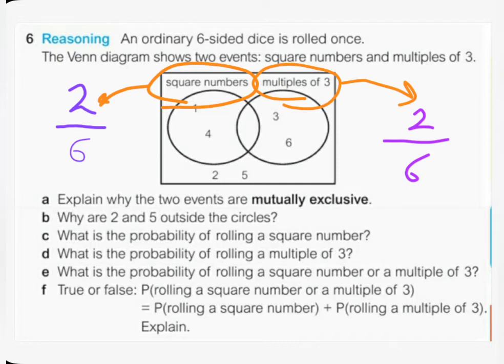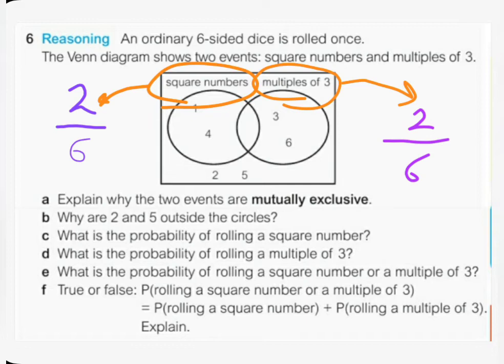Now, the next question says, what is the probability of rolling a square number or a multiple of 3? Not at the same time, he means adding the probabilities together. That's why we say or here, because they don't happen at the same time, but you're supposed to add the probabilities.